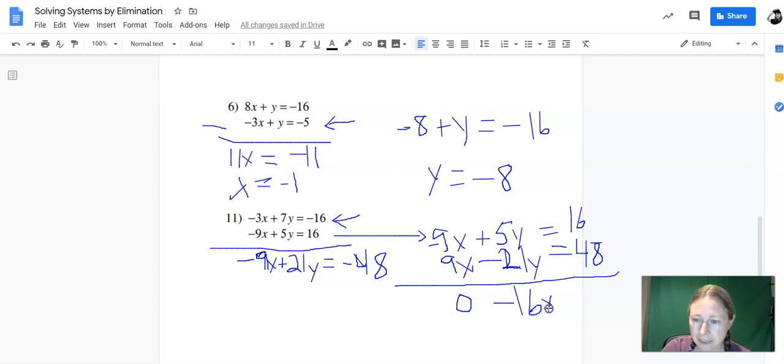And then 16 plus 48 is, I think, 64. So it is 64. All right, perfect. And then I'll divide both sides by -16. And so y is equal to -4.